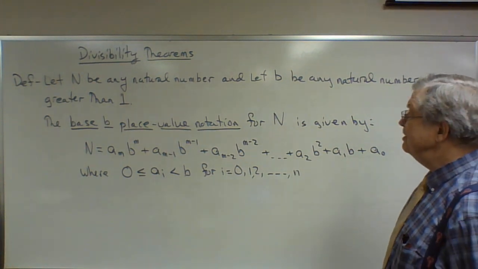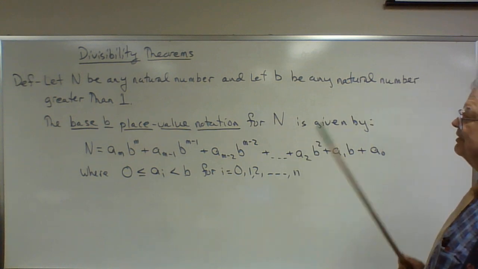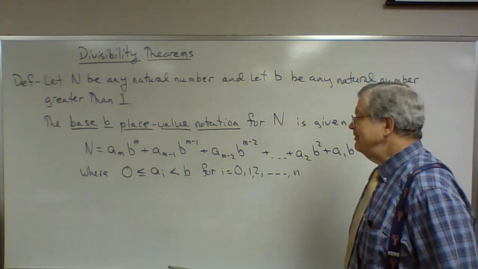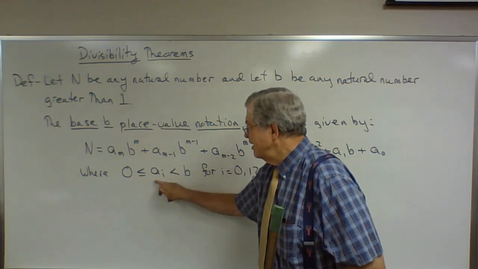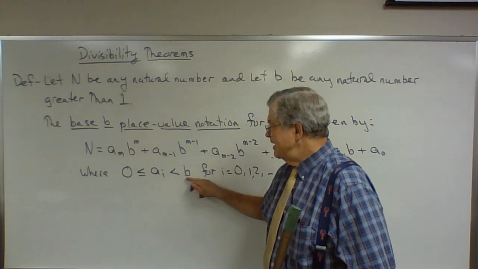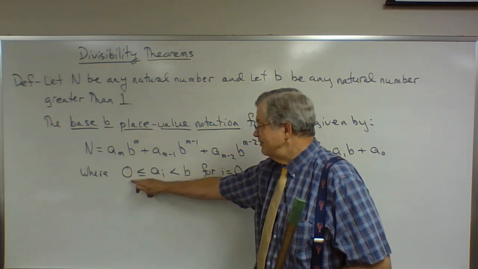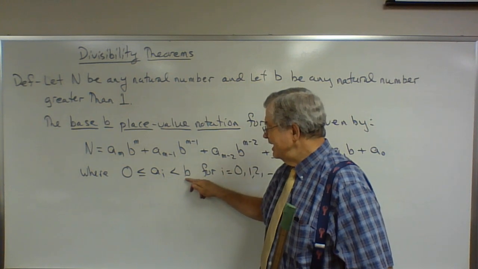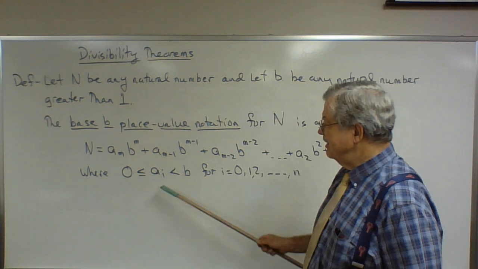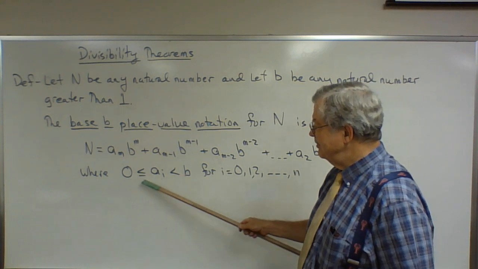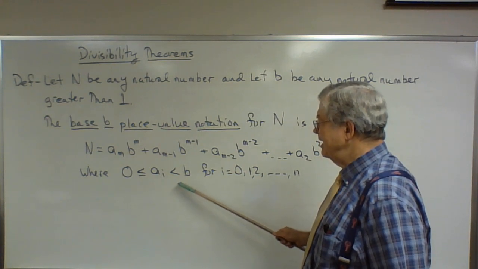Similarly, in base B, we have natural numbers that range from 0 to B, but not including B. These coefficients can be 0 and anything less than B. In base 10, that would translate to the coefficients being anything from 0 to less than 10, 0 to 9.